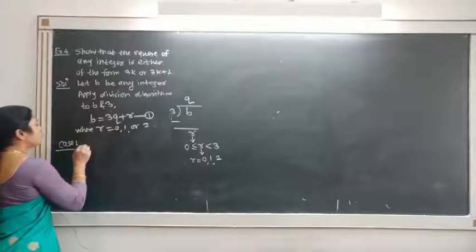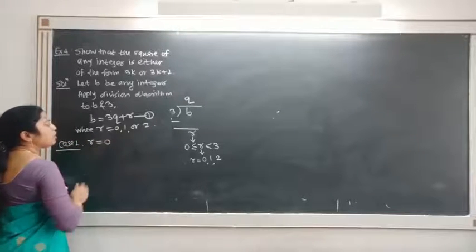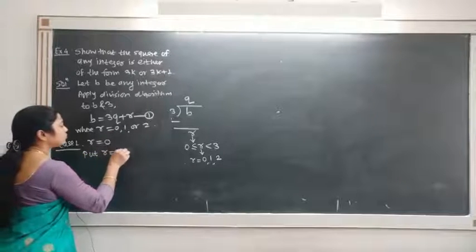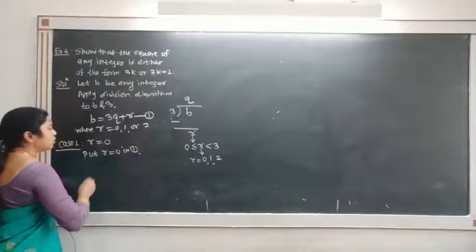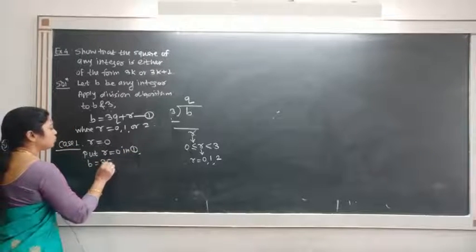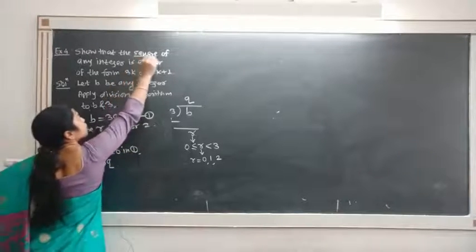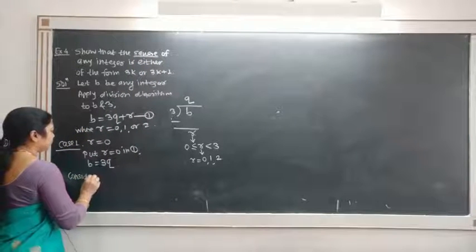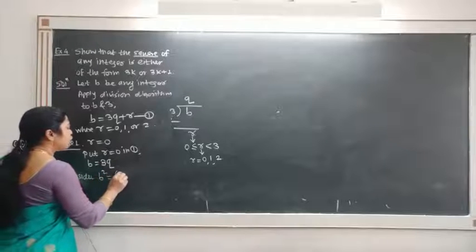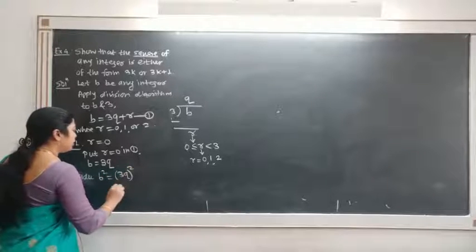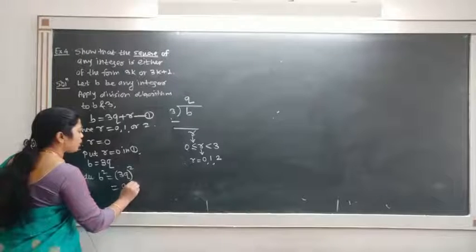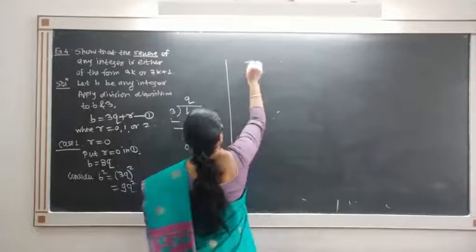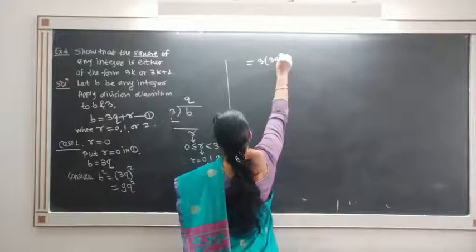Suppose r is equal to 0. If you put r equal to 0 in equation 1, we have b is equal to 3q. We want the square of any integer, so consider b square. That is 3q square, which is nothing but 9q square, and that is 3 into 3q square.